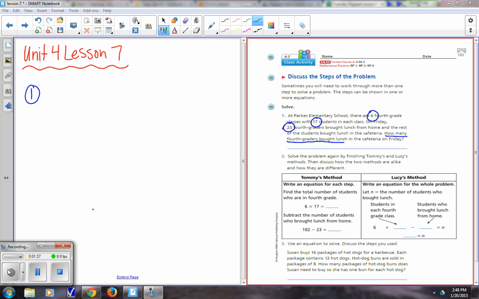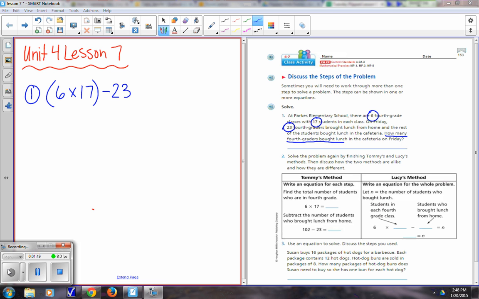So what I hear that I need to do first is 6 times 17, take away 23, because that's how many brought lunch from home, will tell me how many fourth graders bought lunch in the cafeteria.